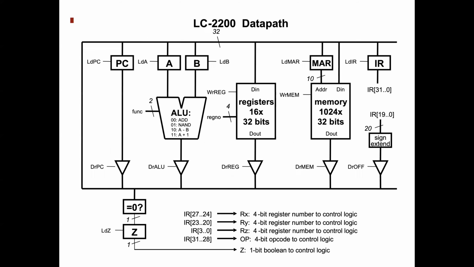So let's go back to our data path circuit design, where we have our program counter, we have our ALU that can take input from our A and B registers. We have our memory address register, we have our instruction registers, and we have memory as well. And we have control logic units to represent various different instructions that we can utilize.